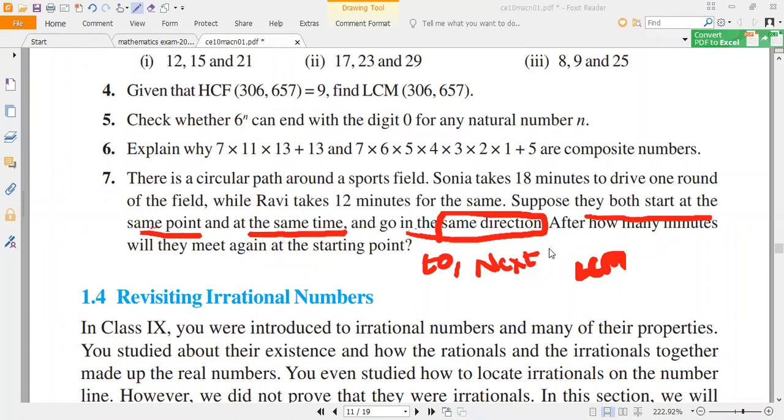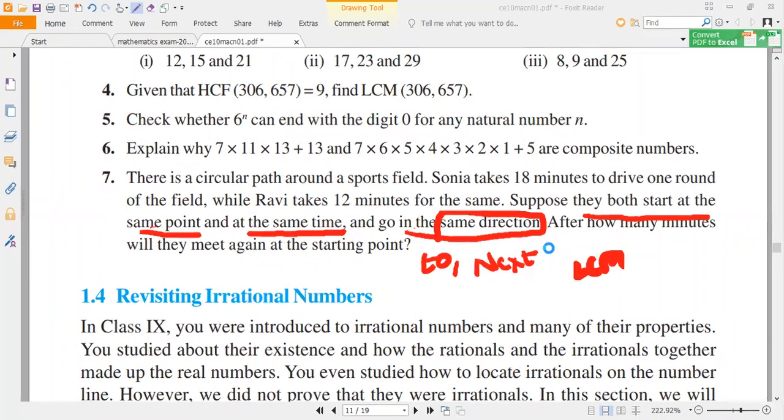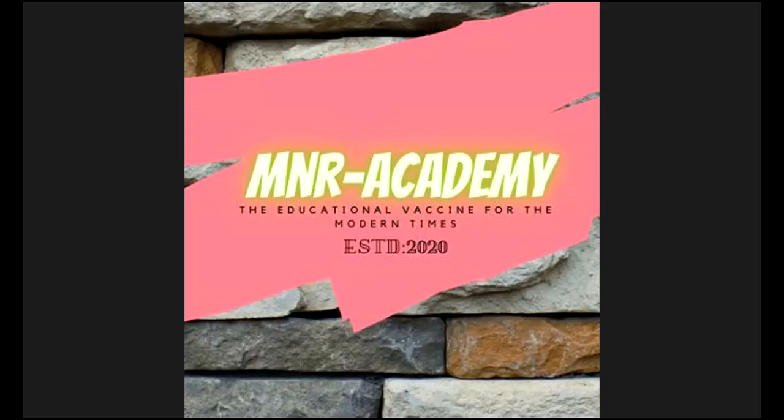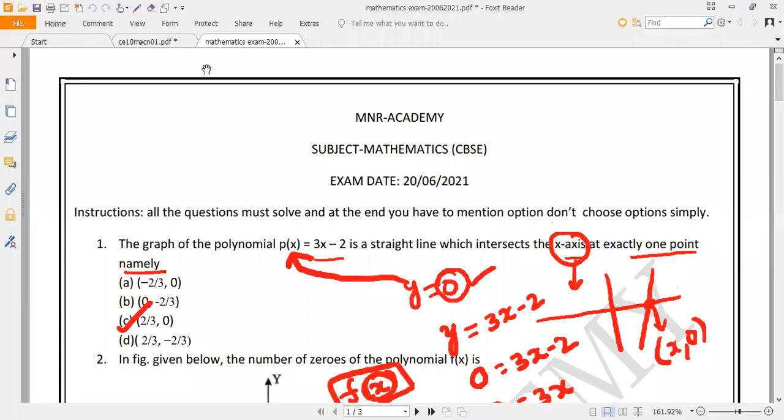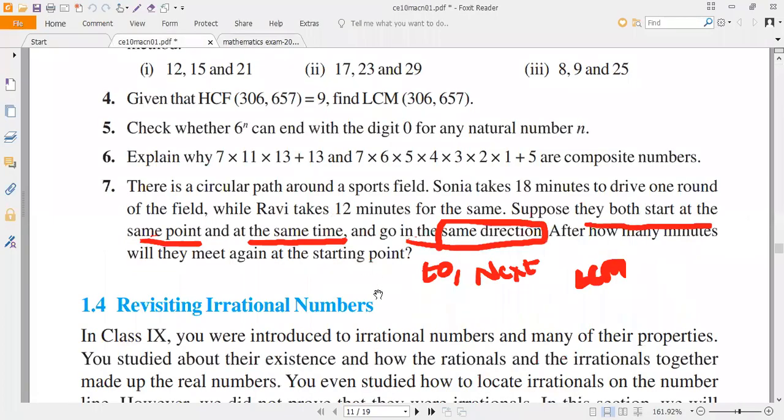So now solve this question. Seventh question. LCM or HCF? Read the question, all of you. LCM. So find the LCM of the times of Sonia and Ravi: LCM of 18 and 12.